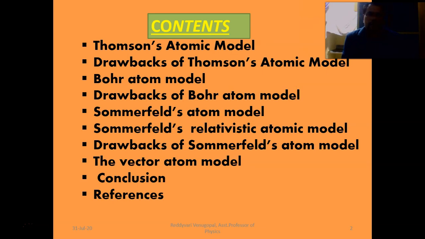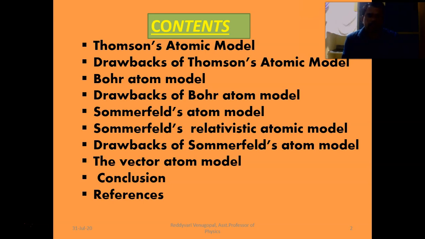So today's contents are the Thomson atomic model, that is the Rutherford Thomson atomic model, and the drawbacks of the Thomson atomic model, the Bohr atomic model, the drawbacks of the Bohr atomic model, and these drawbacks are taken care of by Sommerfeld's atomic model. Sommerfeld's relativistic atomic model means that in the atom the electrons are moving with velocities almost equivalent to the velocity of light.